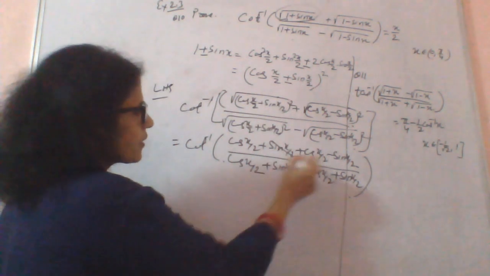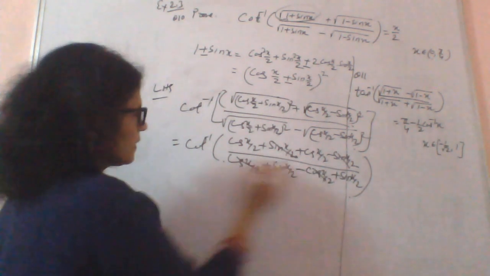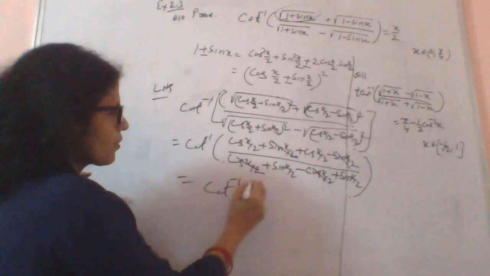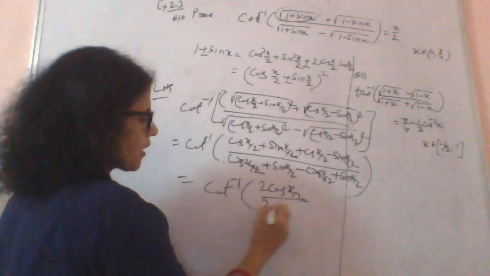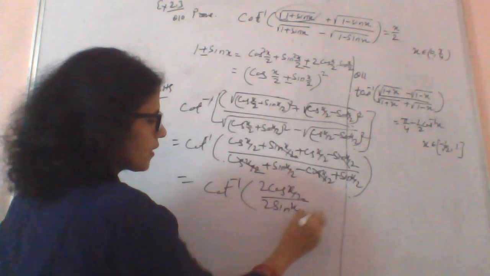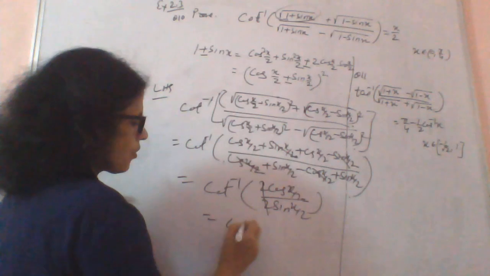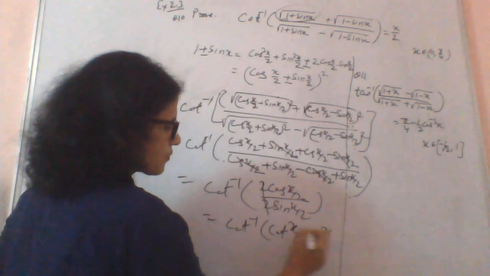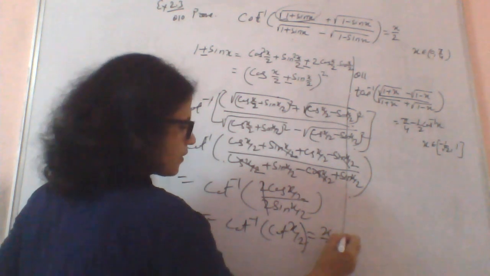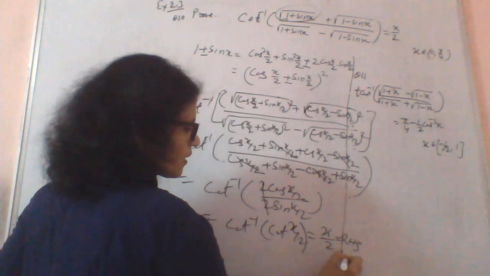Okay, so this is cancelling, so you are getting here cot inverse of 2 cos x by 2 by 2 sin x by 2, meaning cot inverse cot x by 2, that is equal to x by 2. Here you are getting RHS, hence proved.